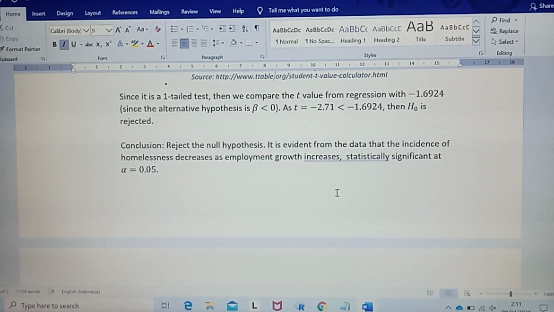So we can say that it is evident from the data that the incidence of homelessness decreases as employment growth increases, and we can say it's statistically significant at a significance level of 0.05.